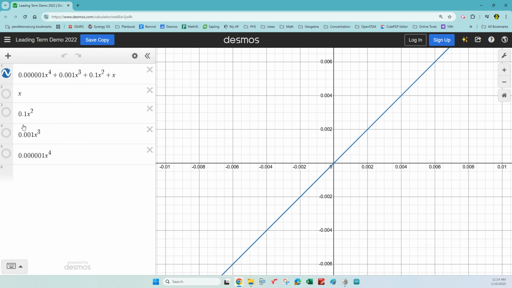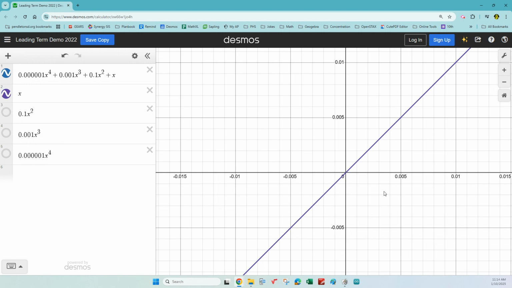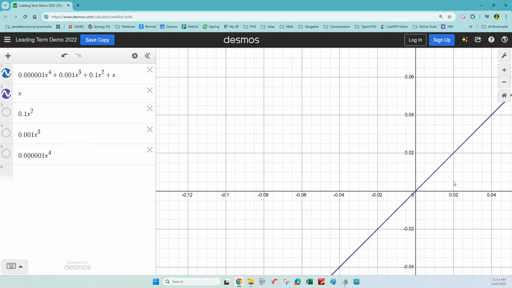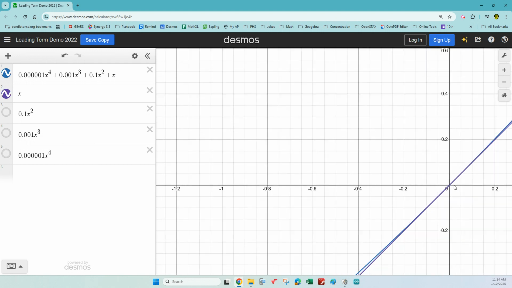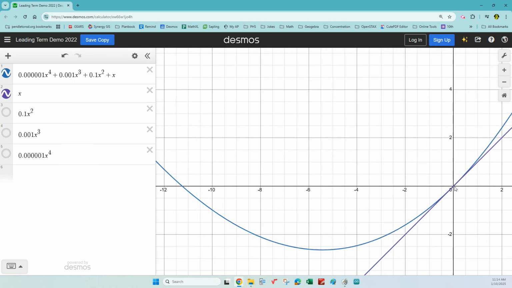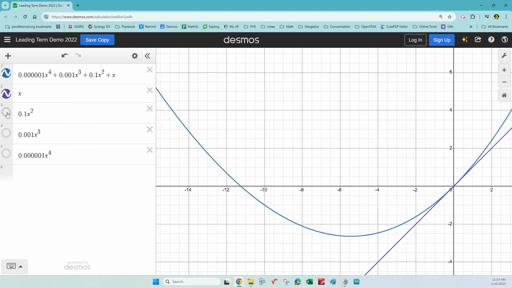So if I'm zoomed way in on that polynomial, it looks an awful lot like the linear term, doesn't it? But once I start to zoom out, you can see pretty quickly that that changes, and it's not linear, and it starts to look maybe more like the x squared term.